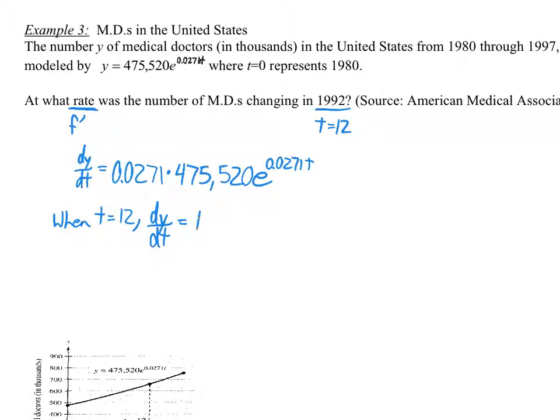That should give us 17,839.005, or 0.006 if you round it.